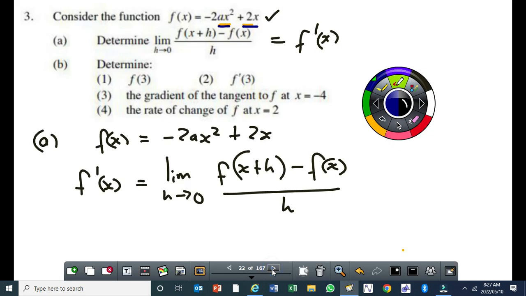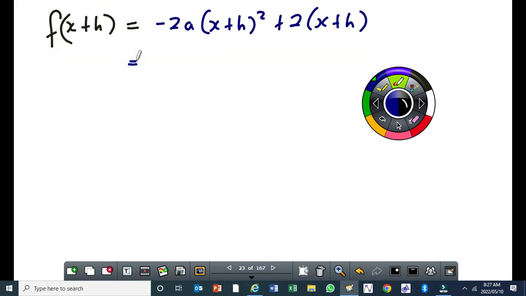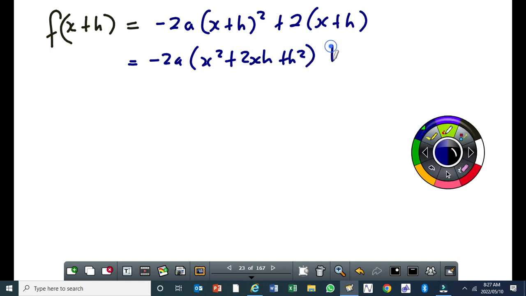So that will give us, now we have to use the knowledge of algebra there. This will be minus 2a times x squared plus 2xh plus h squared plus 2x plus 2h.